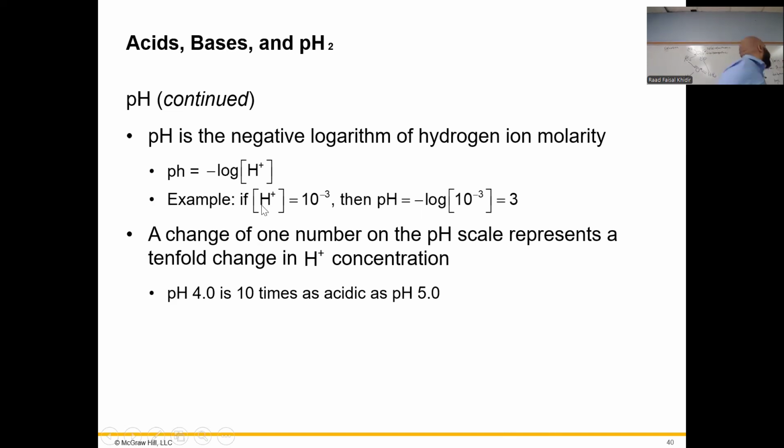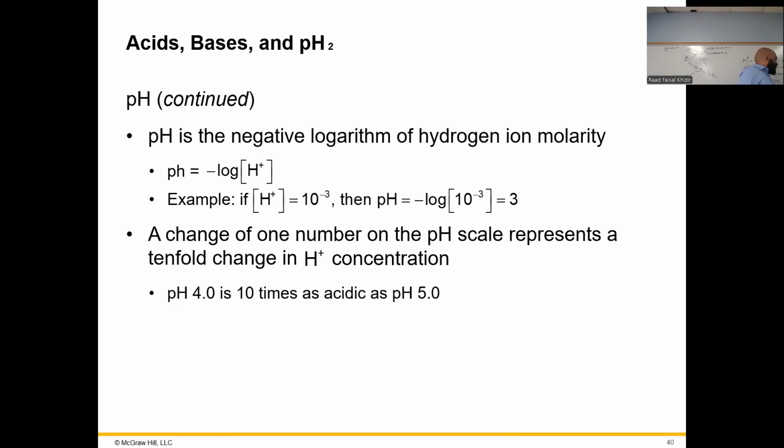Remember that the pH, this is so important. The pH equals negative log of who? Hydrogen what? Not hydrogen ion, hydrogen proton concentration. How much do I have? Negative log of that will give me the pH. So the pH is negative log of the concentration.